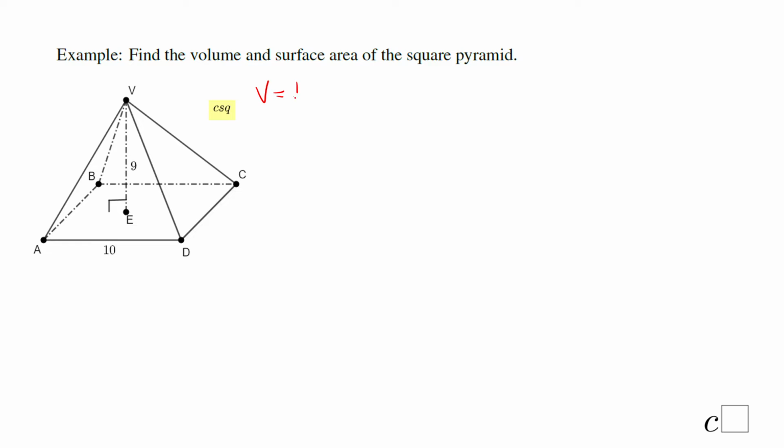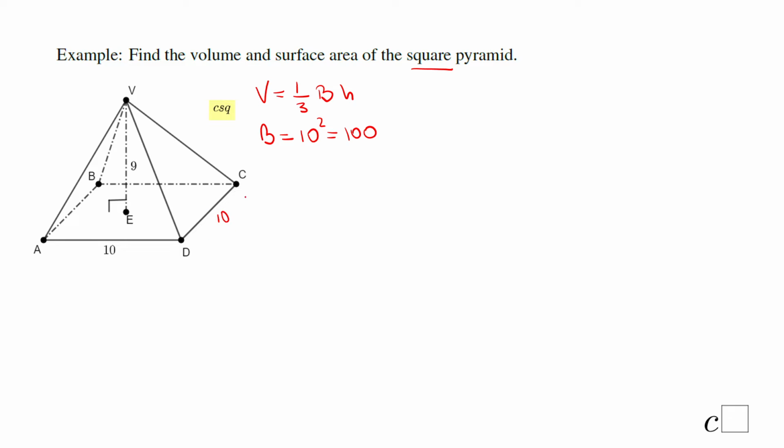If you remember, the formula is 1/3 area of the base times the height. The base in this case, if you notice, it says a square pyramid. So if this is 10, this is 10, because it's a square. You have two choices, 10 times 10 or 10 squared. Either way, it's giving you 100.